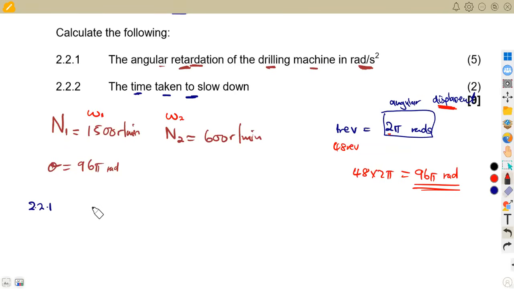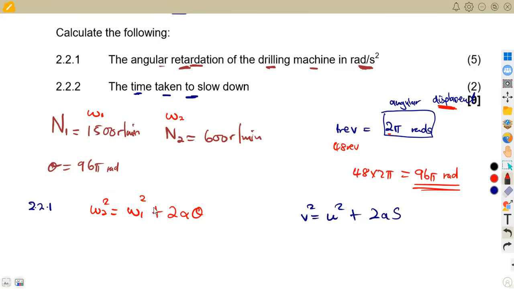So remember, we have omega 2 squared is equal to omega 1 squared plus 2 alpha theta, which is taken from v squared is equal to u squared plus 2as. Pardon me, guys, it is 2 alpha theta, now that we are in angular motion.